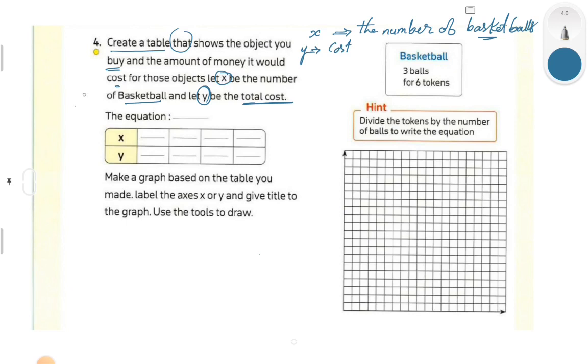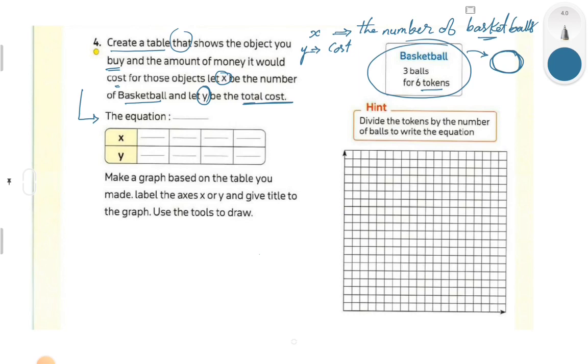Now I need to find the equation, but I have some data missing. He said that 3 balls will cost me 6 tokens. Tokens are just coins, maybe 10, maybe 5. Just some money as a coin, maybe silver or gold or whatever. It's money. Now, 3 balls for 6 tokens.